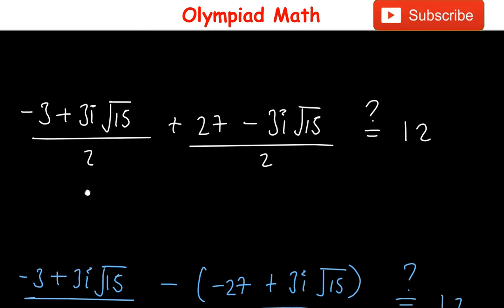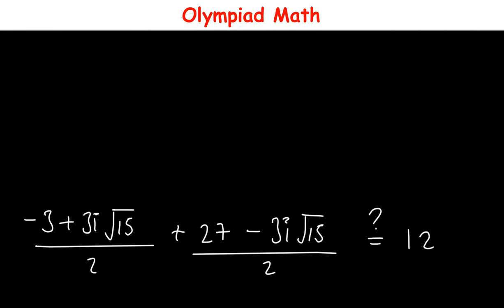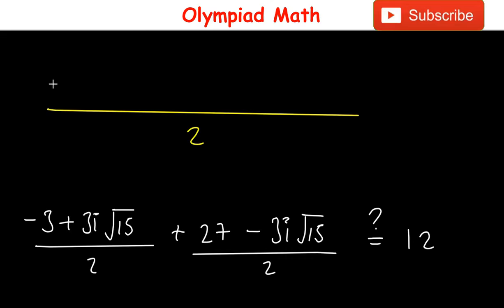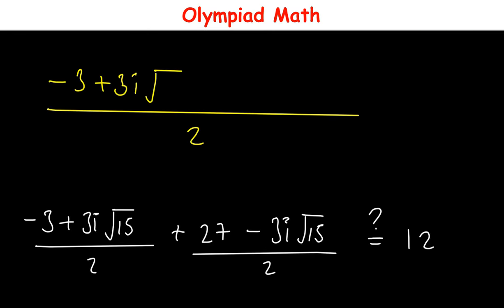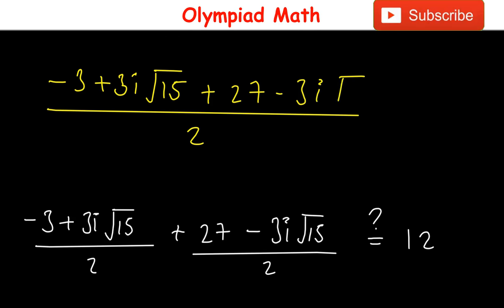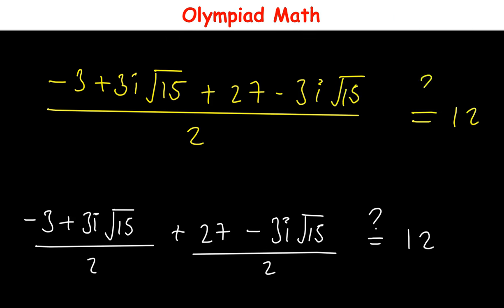So from here, we have the same denominator. We are simply going to pick 1 all over 2. Then we're going to have minus 3 plus 3i times square root of 15. Then we have plus 27 minus 3i times square root of 15, and with this equal 12 question mark.